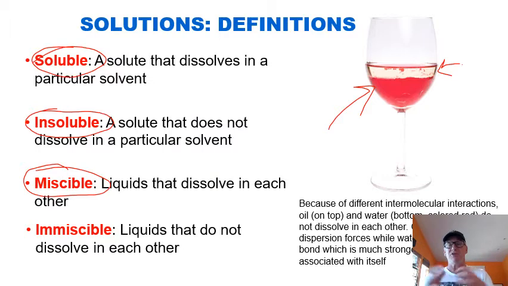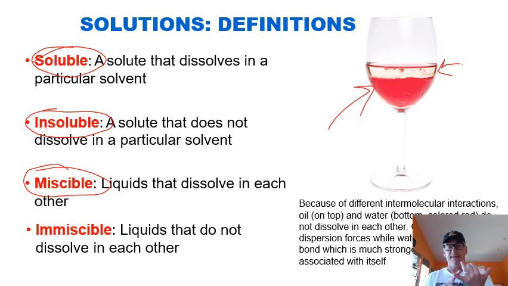Hydrogen bonds are much stronger in interaction than London dispersion forces. And so water would prefer to be bonding to other water molecules or other solute molecules that it can make really strong interactions with. Now, the oil can't make these interactions.